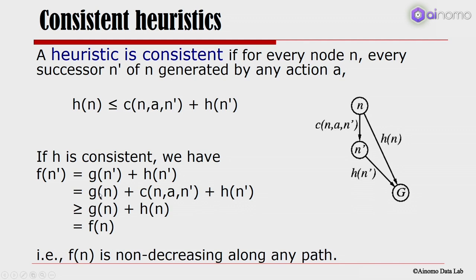Now given g(n) plus c(n, a, n prime) plus h(n prime) to be greater than or equal to h(n), the f prime(n) that we have is actually greater than or equal to g(n) plus h(n), and this is nothing but f(n), the cost at node n of coming here. So f(n) we see is non-decreasing along any path.